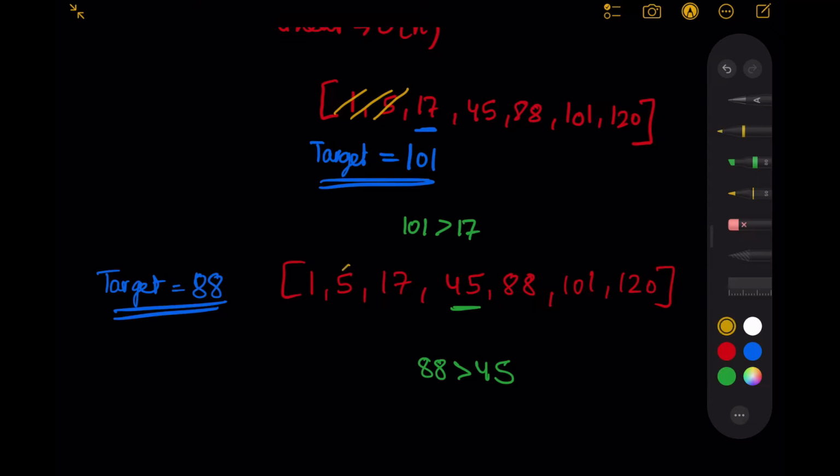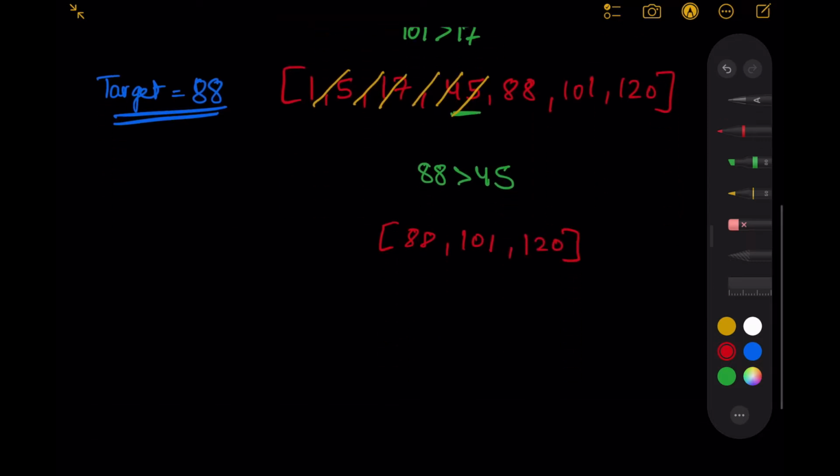So in this scenario, we discard the entire left side, and we also discard the pivot element, because we know that 88 is obviously not equal to 45, so keeping the pivot element would not make sense. When we are discarding the right or left, if we discard the pivot element as well along with that, it would not make any difference. So now the remaining array that we have once we have discarded our elements is 88, 101 and 120.